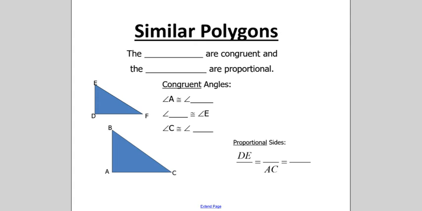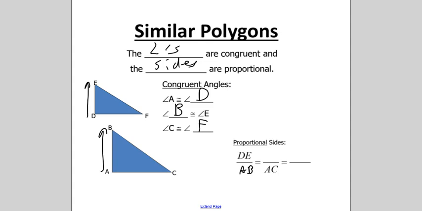So the angles are congruent, and the sides are proportional. We already talked about this. So on these two triangles, angle A is congruent to angle D. Angle B is congruent to angle E. And angle C is congruent to angle F. And the proportional sides, DE, order's important, is going to be the same as AB.